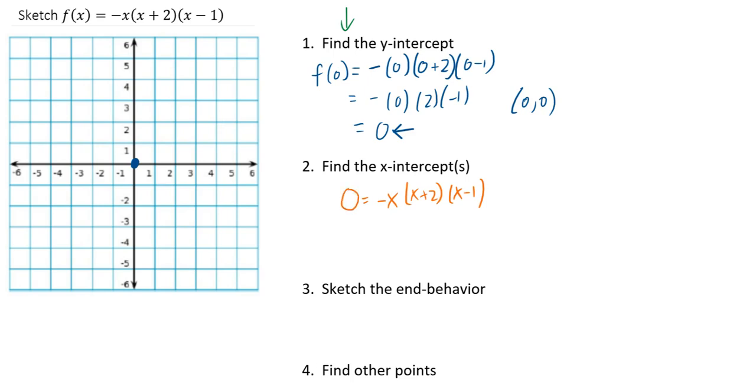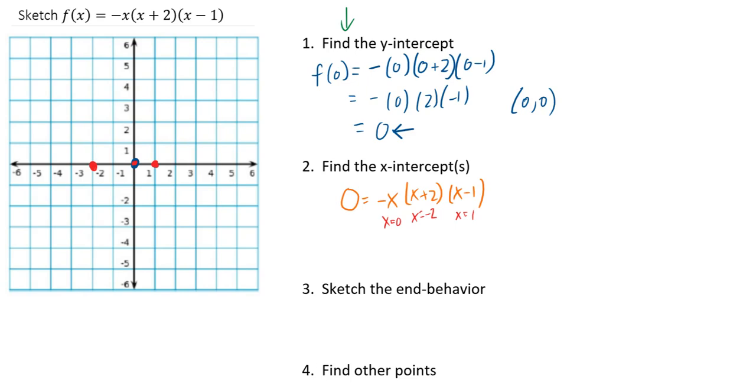In this case, it's already factored. My zeros are going to be 1, negative 2, and 0. So my x-intercepts are 1, negative 2, and 0. Of course, I already had that point 0 from the y-intercept. That's okay.